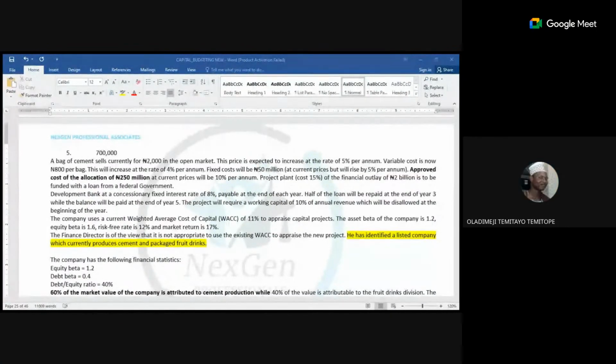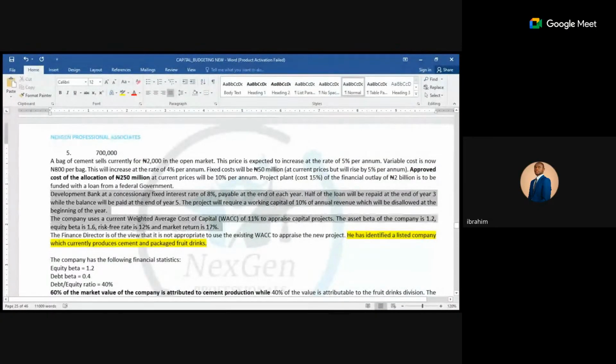Let me check now. Is it 8% cost of debt? Yes, it is 8%.